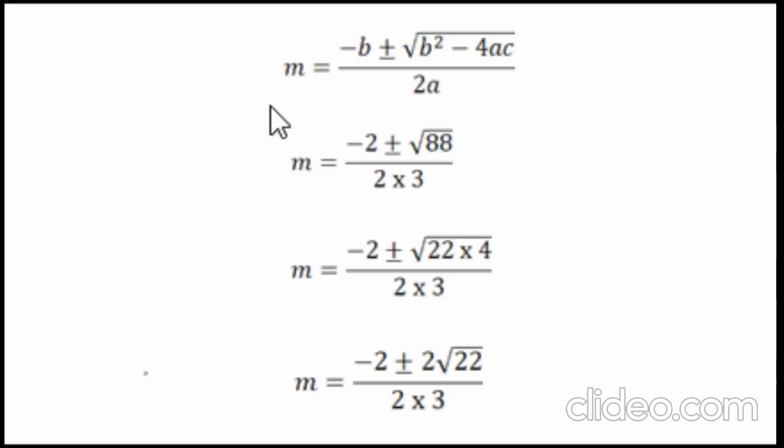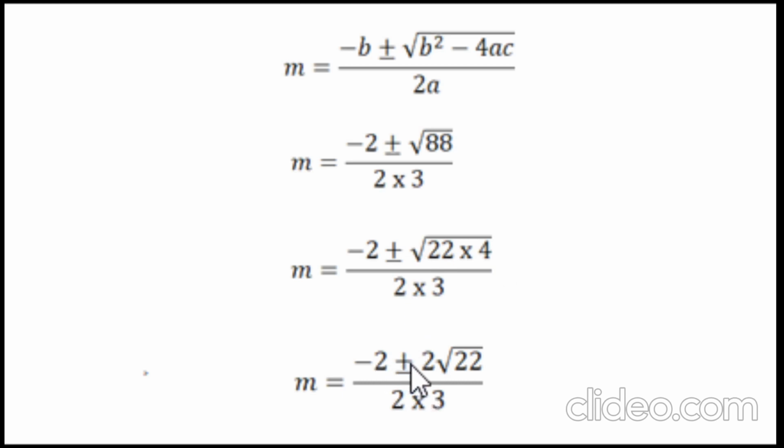Now the formula, here it's not x, it is m. M is equal to minus b plus minus root b square minus 4ac upon 2a. B is 2, a is 3, and b square minus 4ac is 88. 88 can be written as 22 into 4. When we take out 4, its square root comes out.